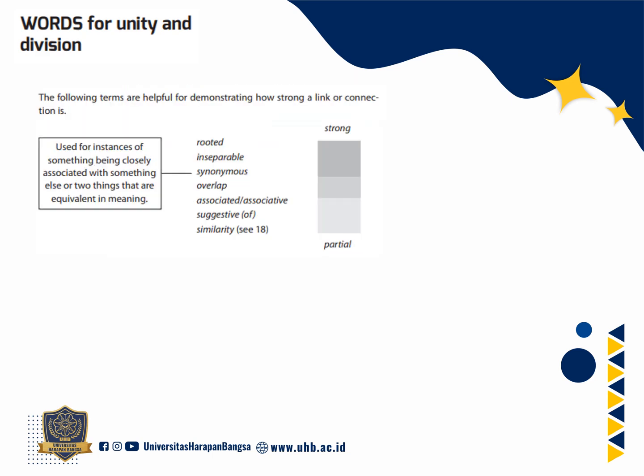The following terms are helpful for demonstrating how strong a link or connection is. Used for instances of rooted, something being closely inseparable, associated with something, synonymous, or two things that overlap, equivalent in meaning, associated or associative, suggestive of similarity.